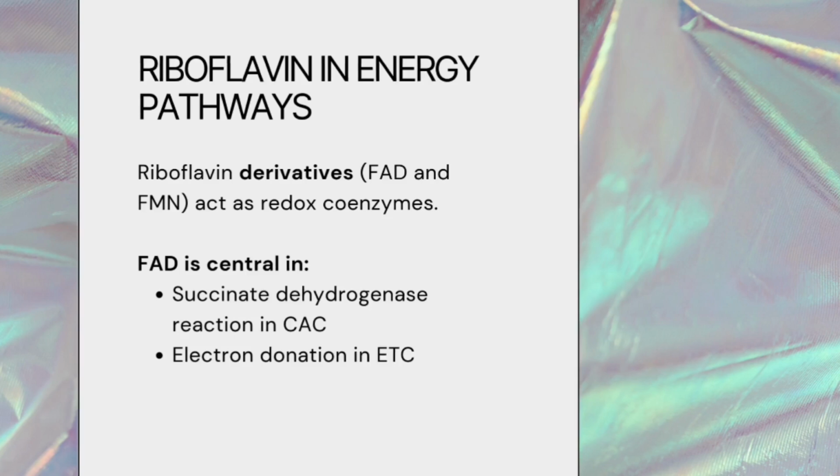And second, electron donation in the electron transport chain, or ETC. Its role is that FADH2 produced in the succinate dehydrogenase reaction donates its electrons to complex 2 of the electron transport chain.